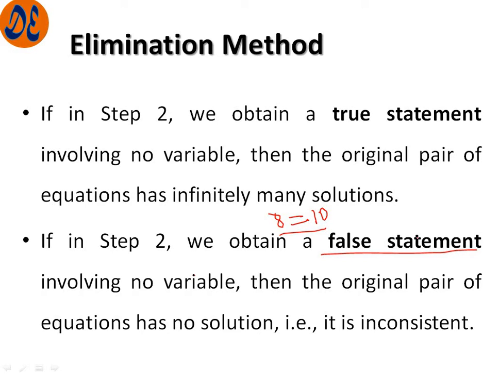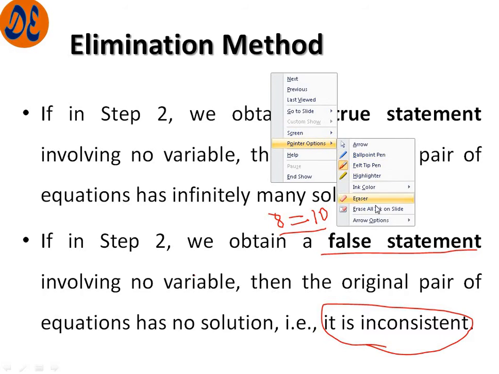If the false statement is there, the system is inconsistent, and there will be no solution for the variables in those equations. This case only occurs when both lines are parallel. So these were the two cases where we are not going to find any value.